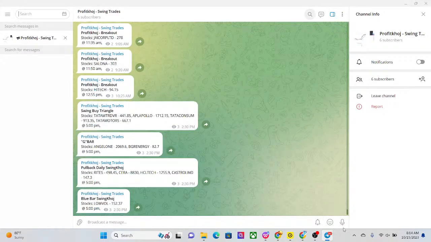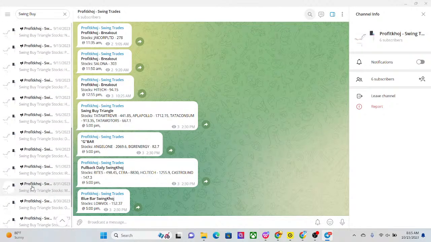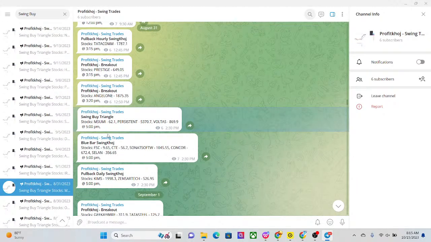Let's go a little backwards. So okay, we see M Sumi and it is 31st of August, right? M Sumi 62, Persistent and Voltas.